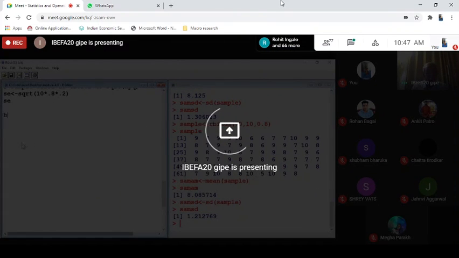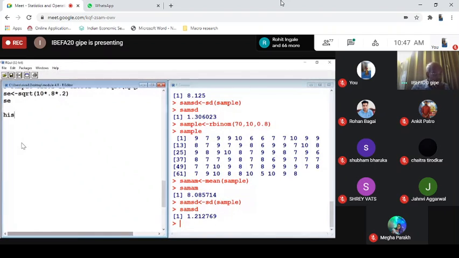Say histogram. Histogram, that is hist, and my sample data, comma, color.